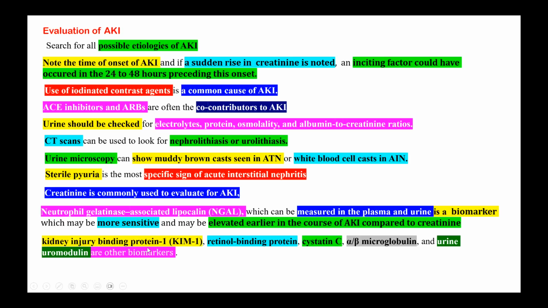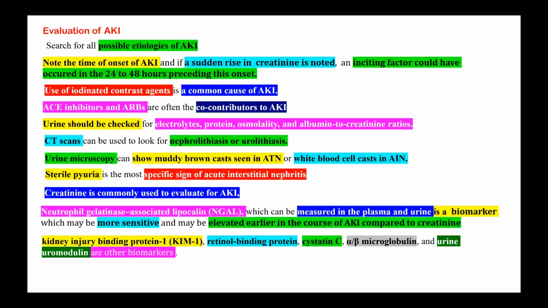There are also kidney injury molecule, retinol binding protein, cystatin C, alpha-1 microglobulin, urine uromodulin, and other biomarkers, out of which cystatin C is also very useful. So these two, NGAL and cystatin C, are being worked out as important biomarkers.